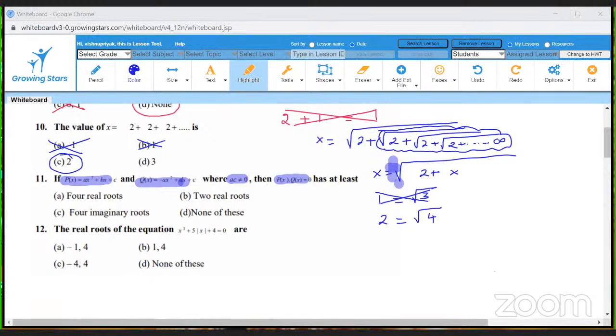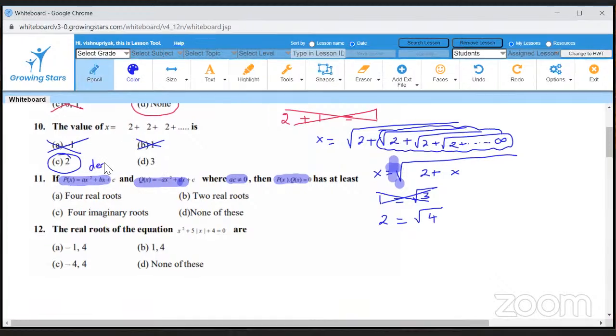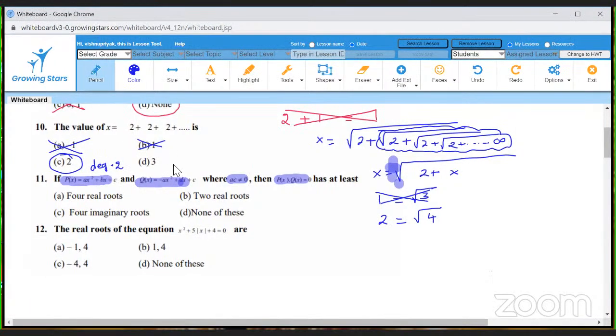So, what to do? What will the roots be? All the 4 roots can be. Why am I talking about 4 roots, first of all? Because P of x is quadratic, degree is 2. Q of x is also quadratic, degree is 2.